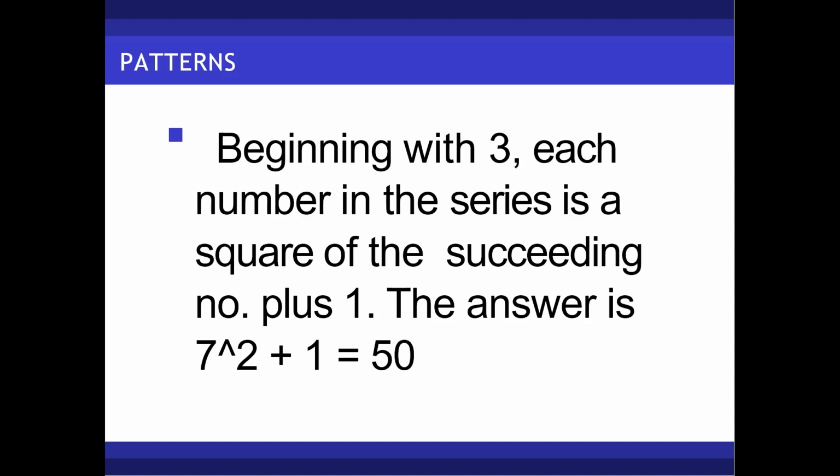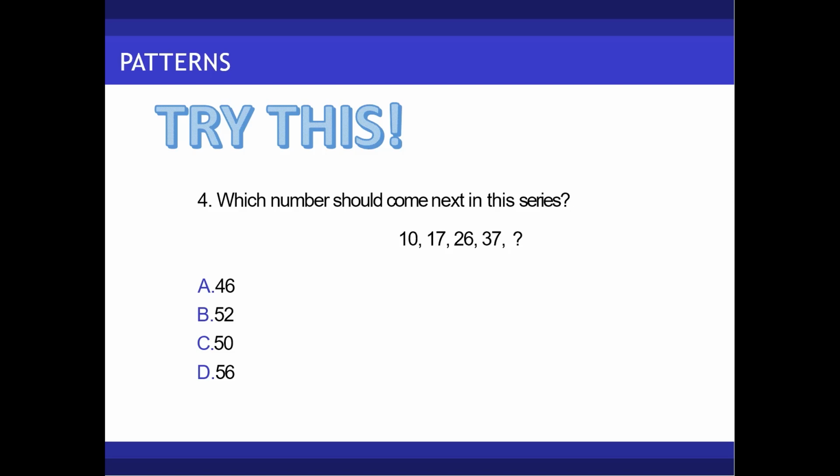Okay, the correct answer: beginning with 3, each number in the series is the square of the preceding number plus 1. So the answer is 7 squared plus 1. The answer is 50. Did you get it, class?